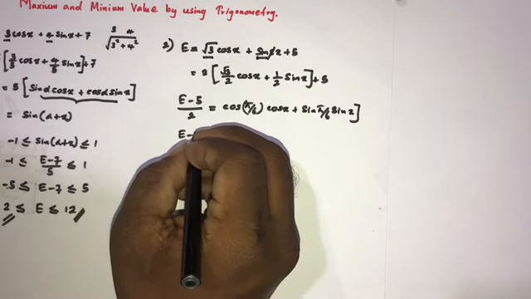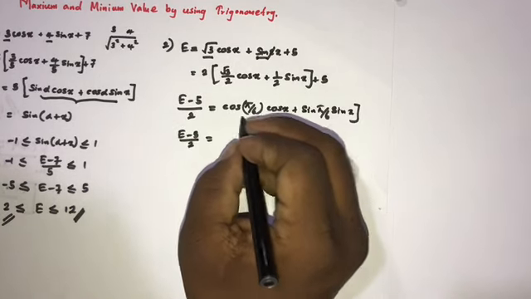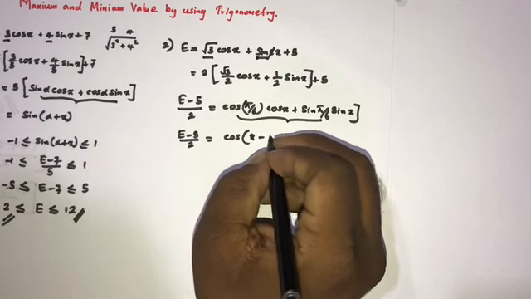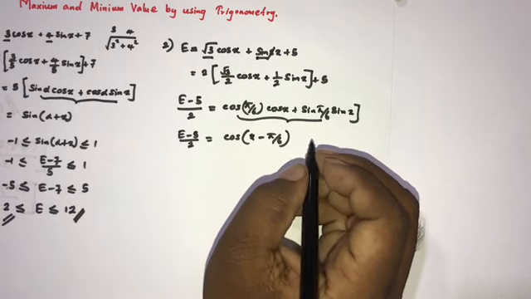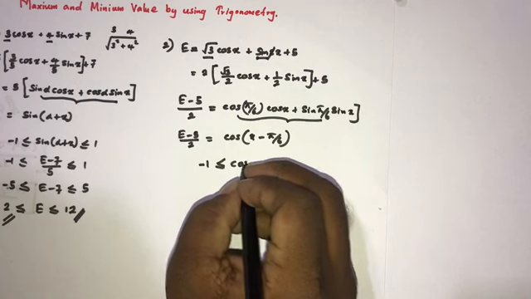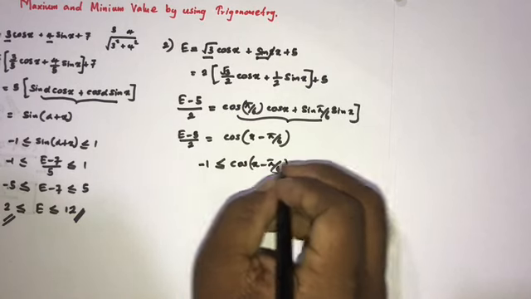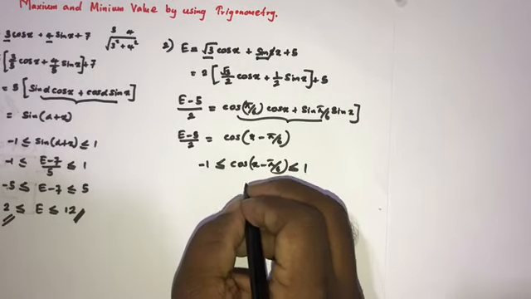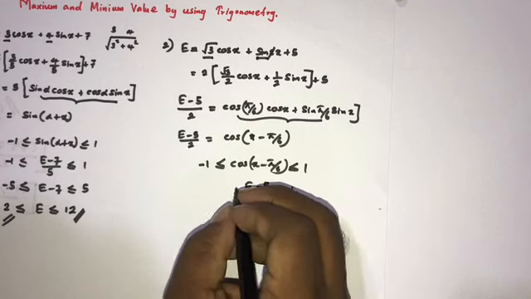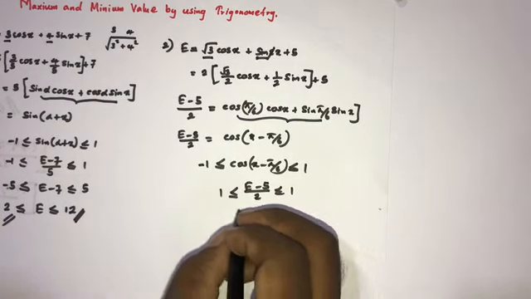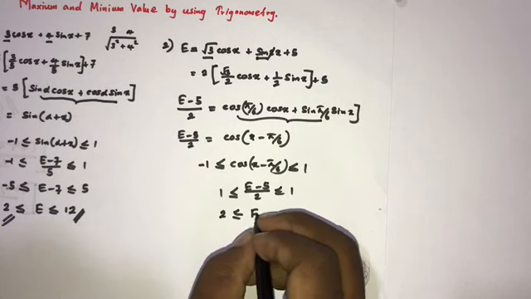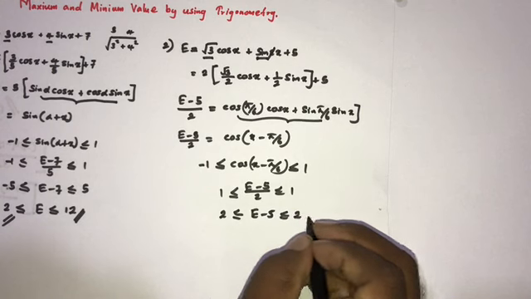Well, then E minus 5 over 2 is equal to cosine of x minus 5 over 6. Then we know the range of the cosine function: cosine of x minus 5 over 6 is between minus 1 and 1. Therefore E minus 5 over 2 is between minus 1 and 1. Now we can multiply by 2, so E minus 5 is between minus 2 and 2.